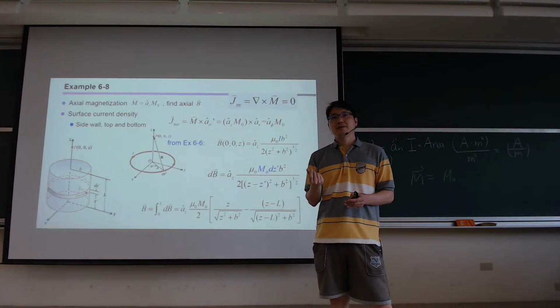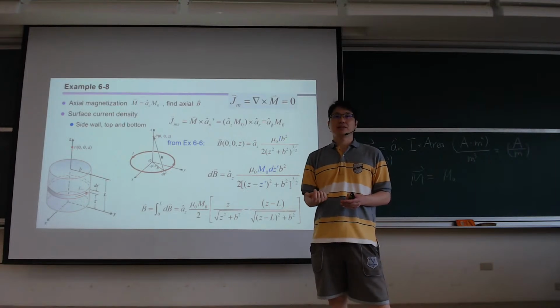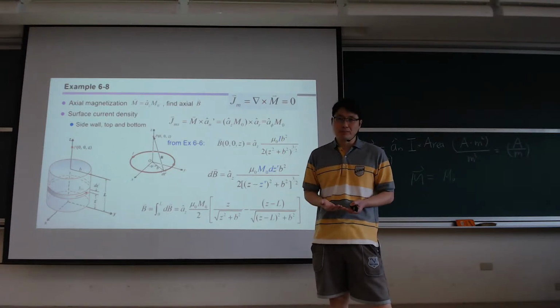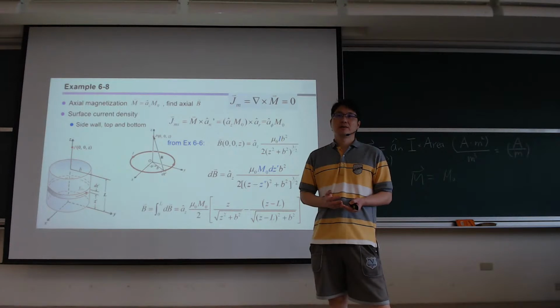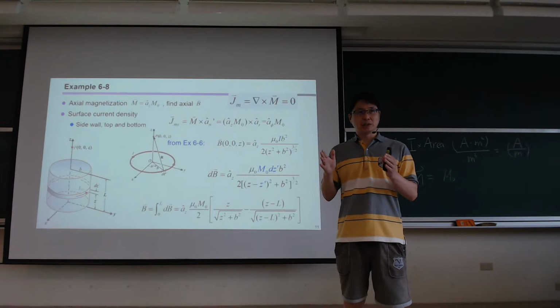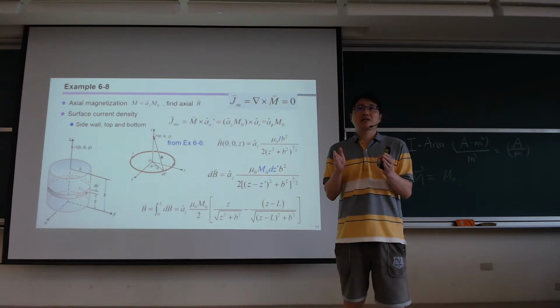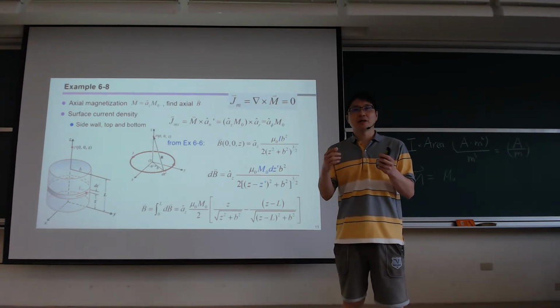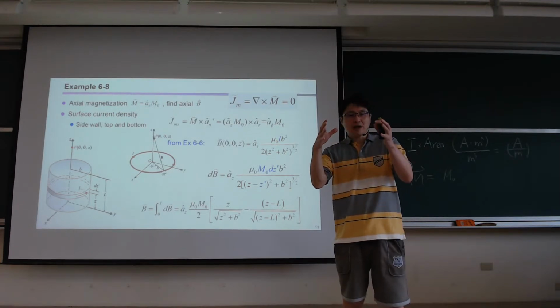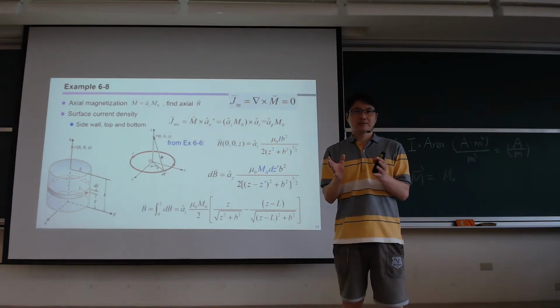Once you have magnetic materials, you have the ability to create lots and lots of magnetic dipole moments. But if you have a uniform magnetic material, inside of it, you don't really have net current because the currents will be canceled out by adjacent loops. So you only have the surface current.